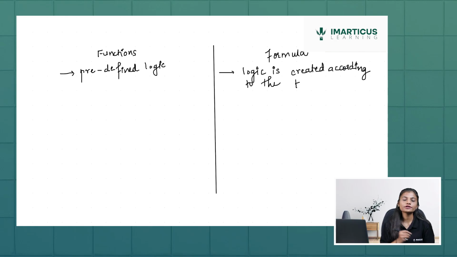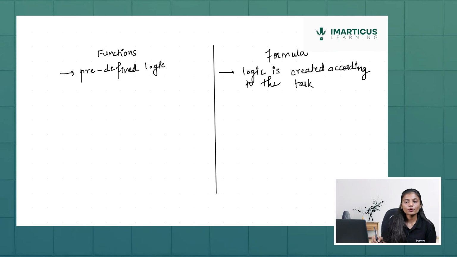So the logic over here is created according to the task which we want to do with respect to the data, or according to the operation which we want to do with respect to data. So functions are predefined logics, whereas a formula is not predefined. It's being created manually according to the logic or the task which we want to do.